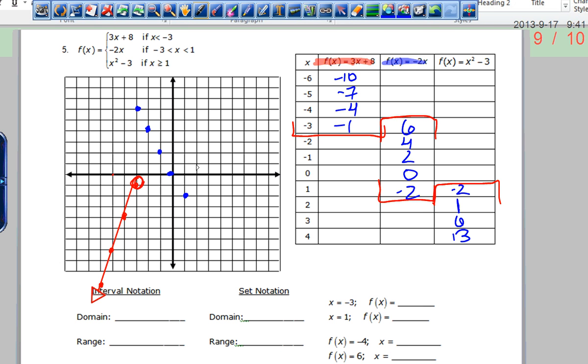Do I have any open circles on that one at all? And if you're wondering how I'm asking this question, we look back at our equation up here. We see what symbols we have. Do we have less than or less than or equal to? We have less than. We have them on both, actually. So that means open circle, open circle.